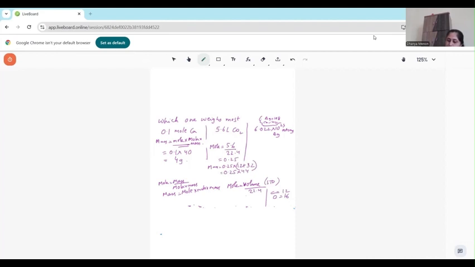Okay, third one. 6.022 times 10 raised to 22 atoms of calcium. So 1 mole, or rather you can do it in another way.